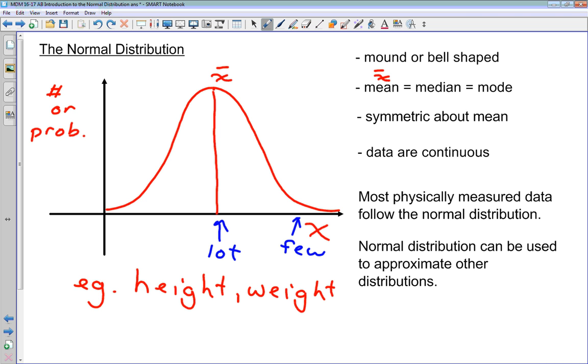And likewise, you have a very few number of people who are extremely, extremely short, who are considerably shorter than the mean here. Okay? So you end up with a lot of things in the middle, a very small number at the very large or very, very small value. And as you go away from the mean, you get progressively fewer and fewer and fewer number of things that you're measuring. Okay? So you can think about this as measuring height, measuring weight.